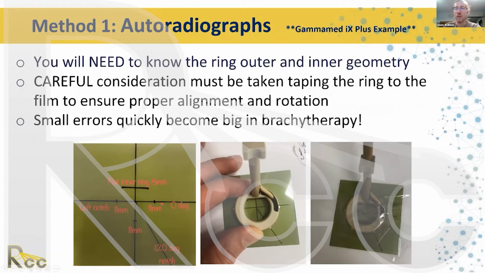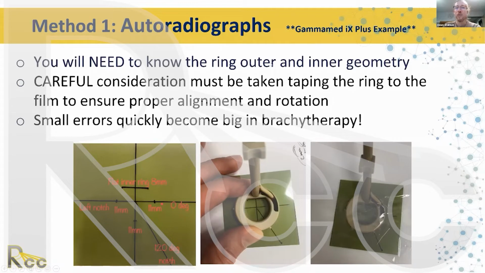The actual ring dimensions, it's a little bit thinner. I've done this with the Venezia applicator through Elekta's Nucletron. It's much thicker, so the dwell positions appear much bigger and a little bit more difficult to find in the center. So it could be easier or more difficult with different systems, but the concept is still the same.